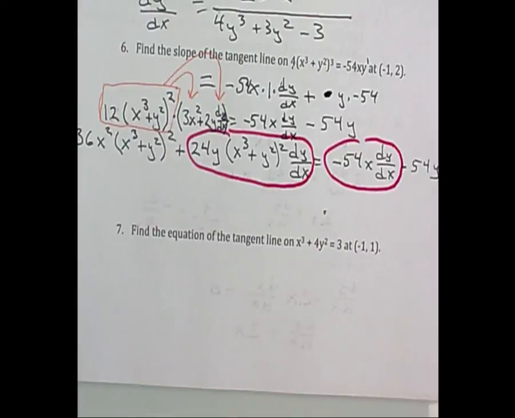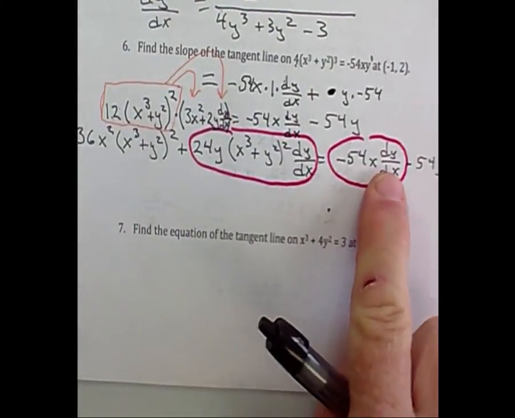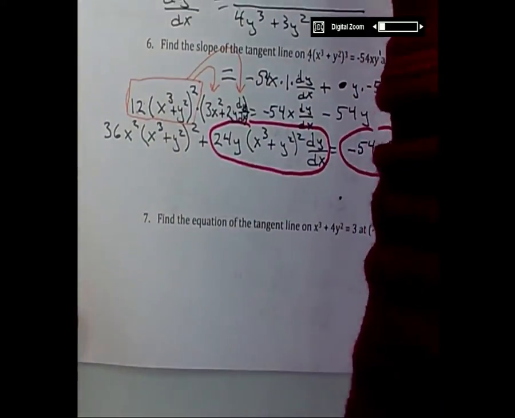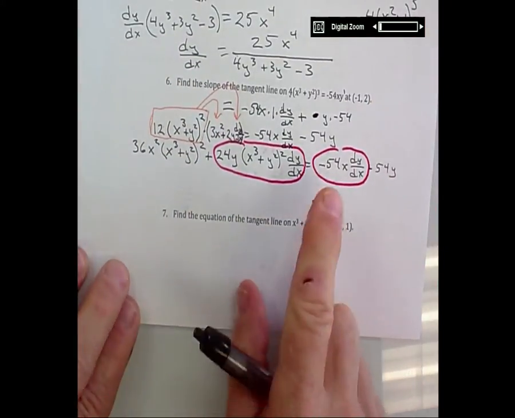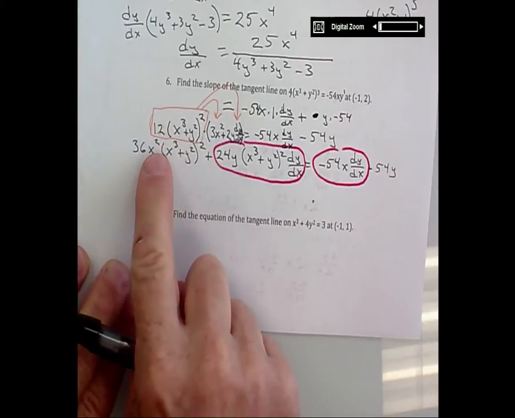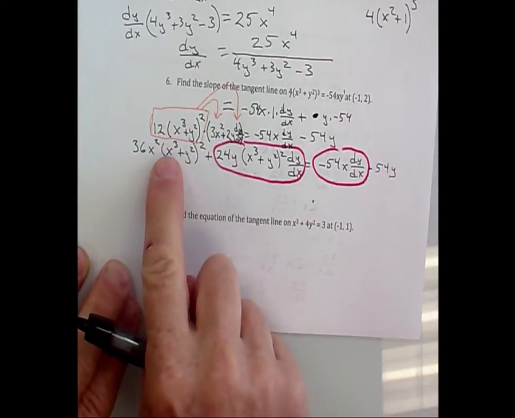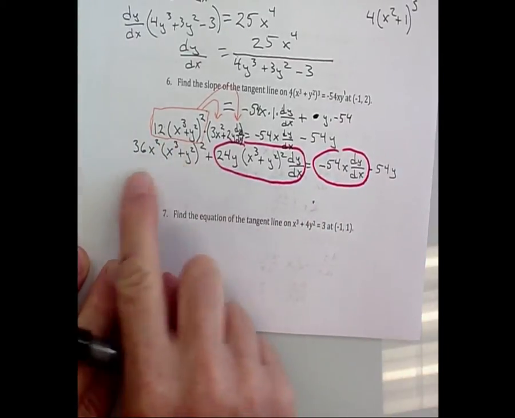So now what I'm going to do is I'm going to move this one, I'll make this smaller. I'm going to move this term over to here, and I'm going to move that term over here. Why is this term moving? There's no dy dx with it, is there?